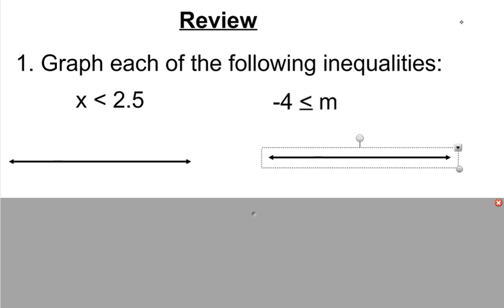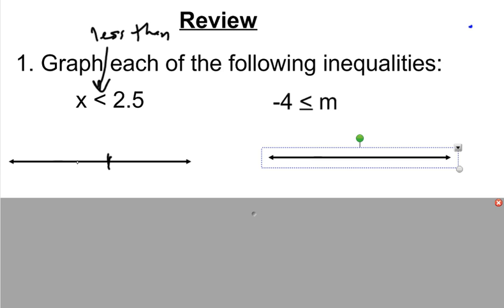Since we're talking about inequalities, one thing that you need to know is how to graph them. Graphing a number is one thing, but graphing an inequality is another. So this one says x is less than, remember that looks kind of like an L, 2.5. So we're going to have 2.5 on there somewhere.